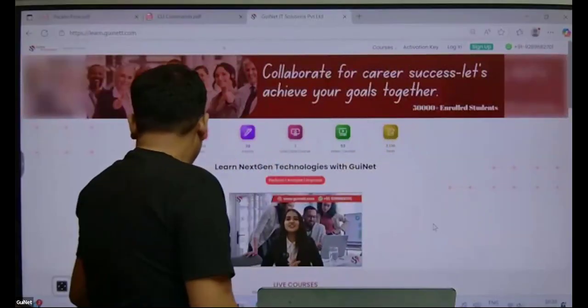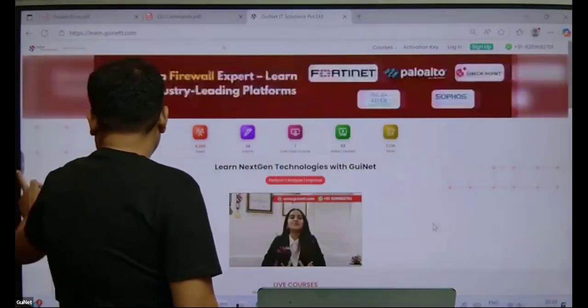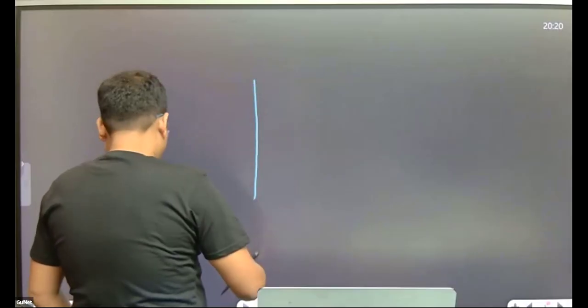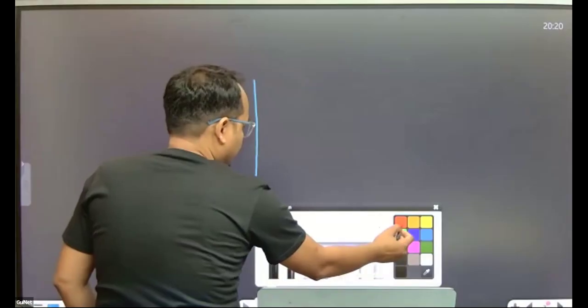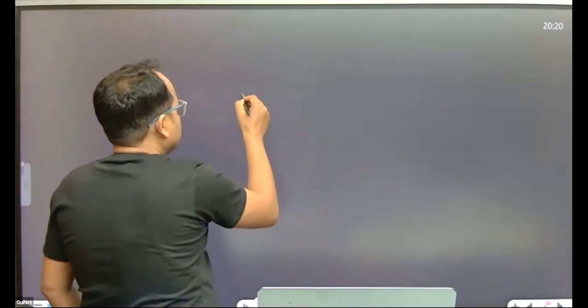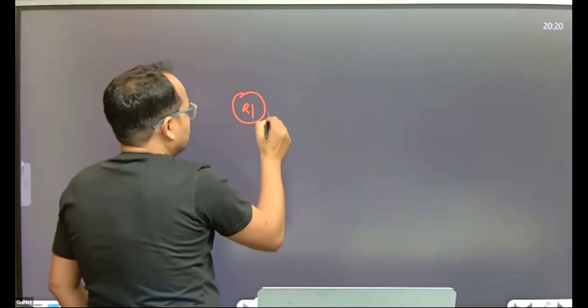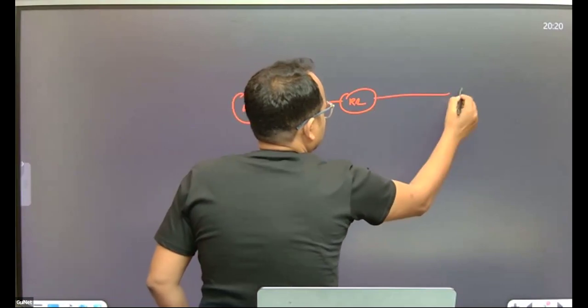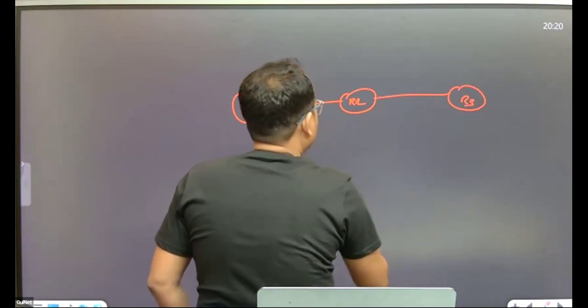So in EIGRP, what is going to happen? EIGRP uses a different method to calculate the route. Let's suppose this is my one router. This router is connected with another router, R2. This is going to connect with R3, right?